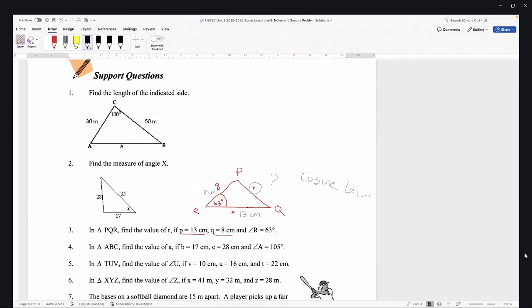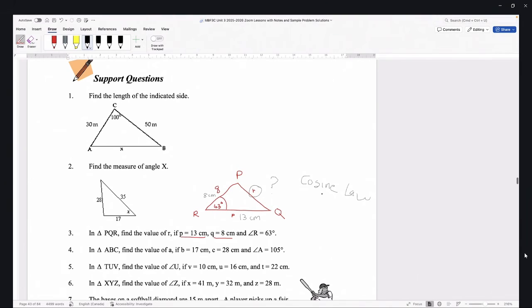We have the angle, but we don't have the opposite side. We have the side, but we don't have the opposite angle. So we can't use the sine law. So we have to use the cosine law. So I'm going to leave it there with you.